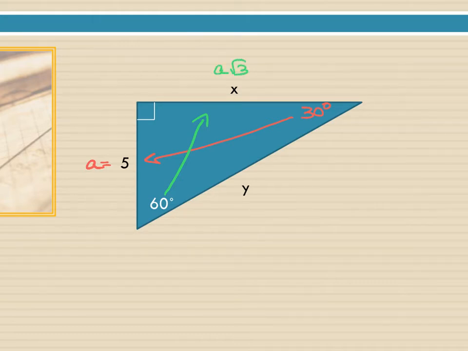And then the side that's across from the 90 degrees, the hypotenuse? 2A. You see that okay? All right. So if A equals 5, how much is Y, which is 2A? 10. Good. So 2 times 5, and this one's 10. And then the side that's across from the 60, that X, how much is that going to be? 5 square root 3.